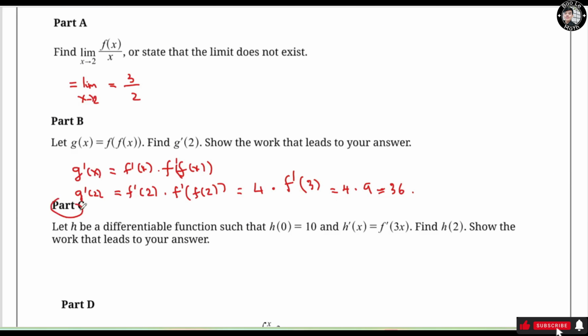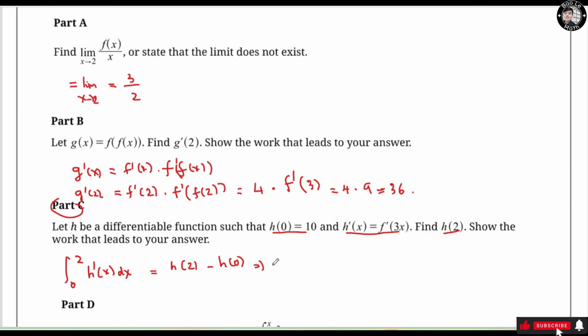Now question C. Let h be the differentiable function such that h of 0 equals 10, h prime of s equals f prime of 3s. We need to solve for h of 2. So we're going to use the fundamental theorem of calculus. So we have the integral from 0 to 2 of h prime of s ds. It's going to be h of 2 minus h of 0.